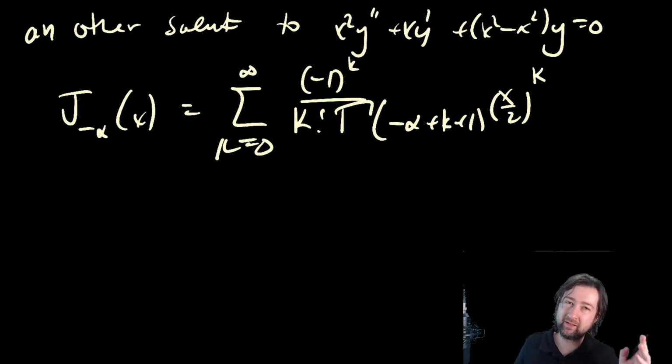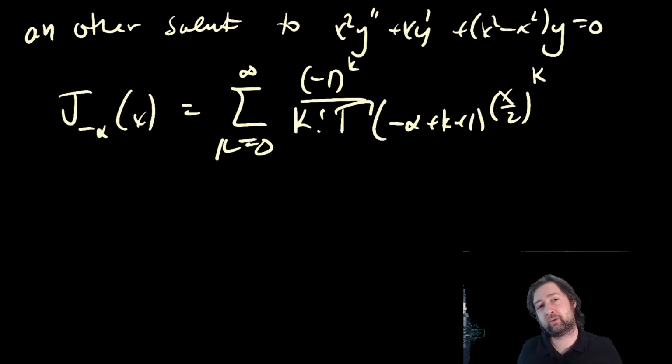But that's actually not usually what we use when we're working with Bessel functions. It's sort of beyond the scope of the course to tell you why, except to say that it's very useful in numerical computations to have families that are very different when you're constructing solutions to differential equations. Because if I know that J alpha is a solution and J minus alpha is a solution, then any linear combination of those two is also a solution to the differential equation.